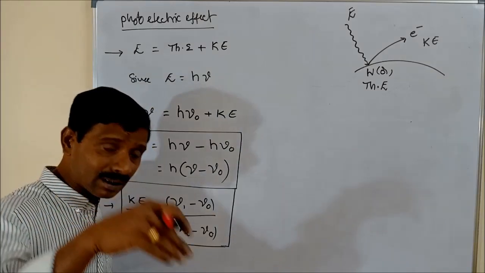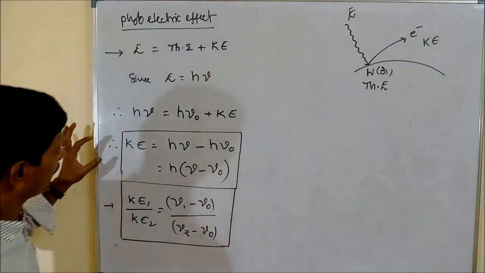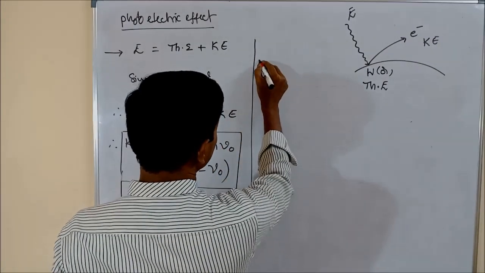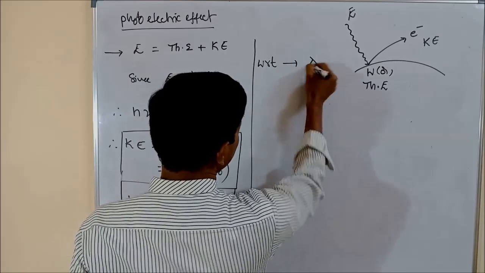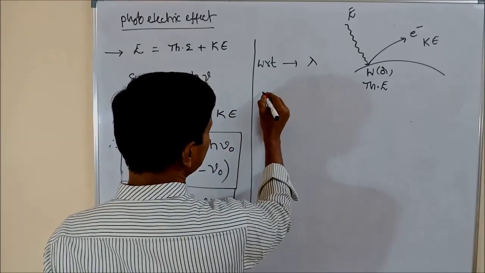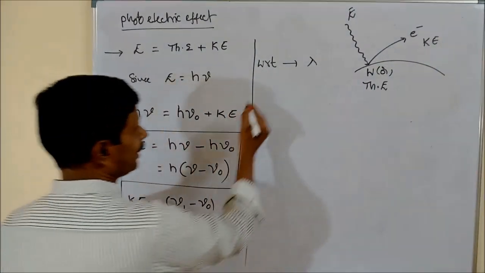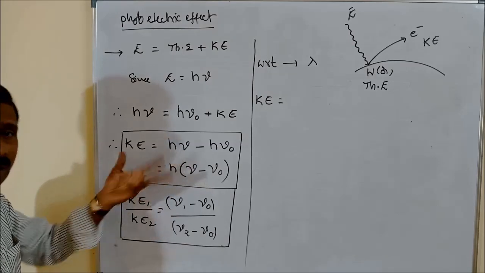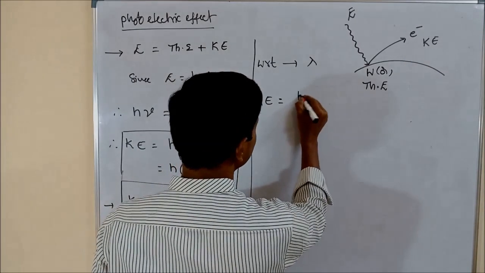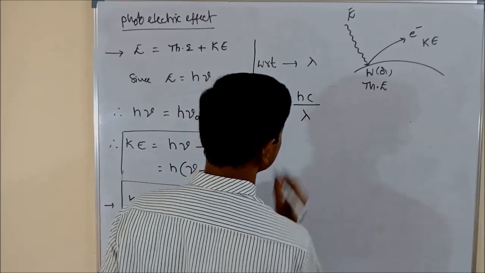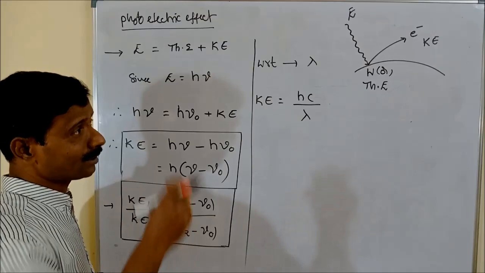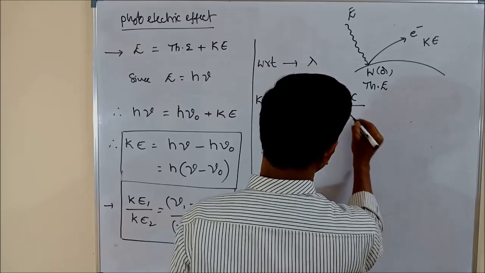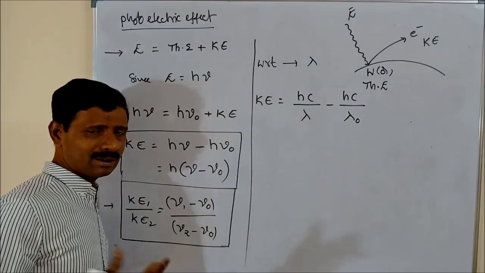So with respect to wavelength, if you want to find the kinetic energy, nu is c by lambda, so hc by lambda, where lambda is the wavelength of the utilized light, minus hc by lambda naught, where lambda naught is the threshold wavelength.